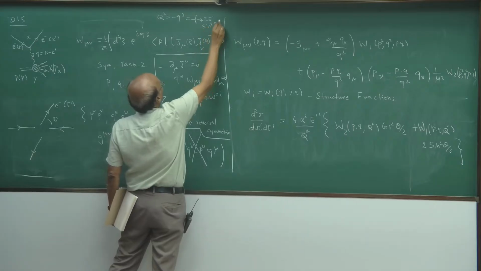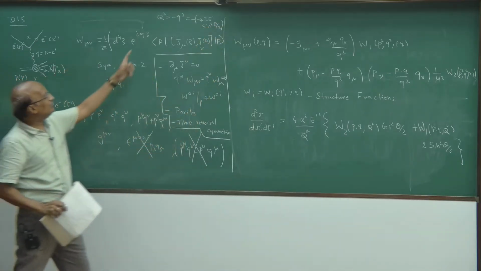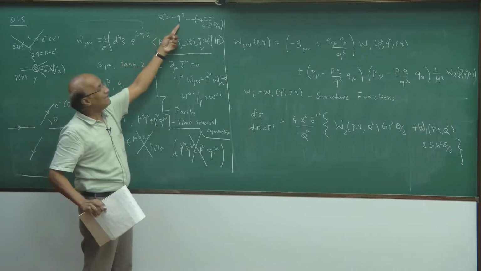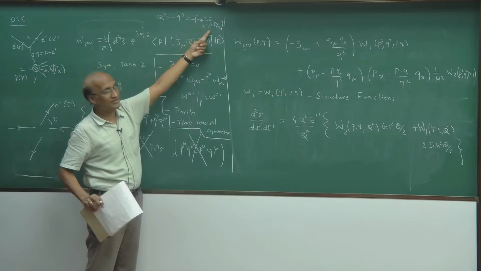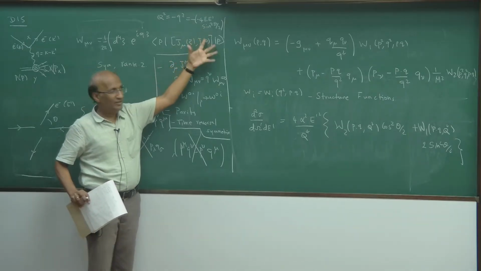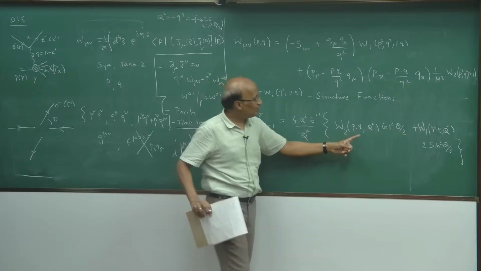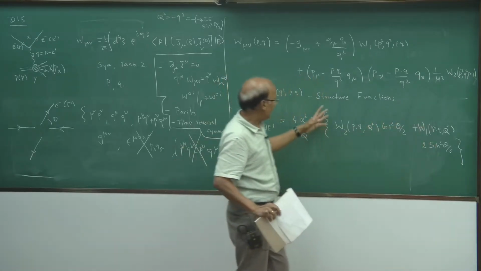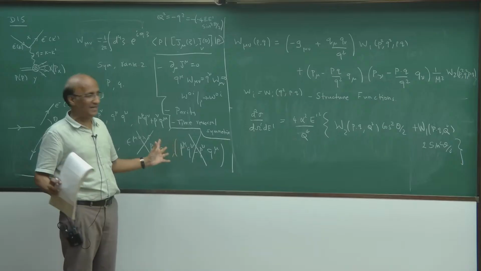If you go back to your notes, on the first page I had written down this expression. Minus q square is positive because q square by itself is negative. That's why I use this capital Q square. So Q square is positive, P dot Q is positive, and this is the simplest expression that you can think of for deep inelastic scattering.